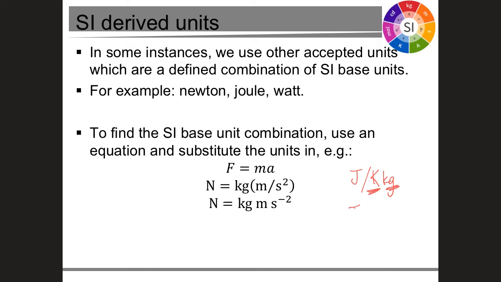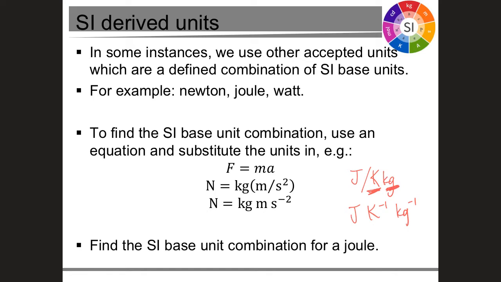So if you just go joules per Kelvin per kilogram, it's very clear that both of those things are actually in the denominator. So I'd like you to pause the video and try to find the SI base unit combination for a joule.